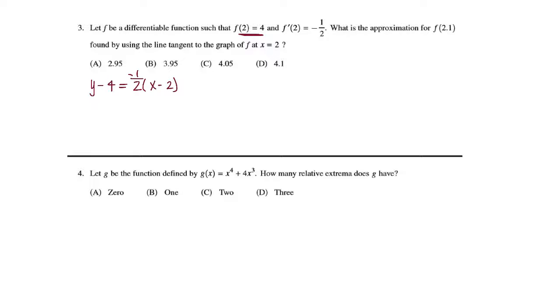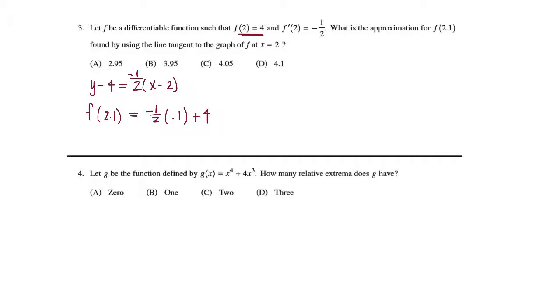And then we are going to try to find that approximation for 2.1, so we need to plug in 2.1. So we have y equals, or really let's make that f at 2.1 equals -1/2 times, well, if I plug in 2.1 minus 2, I have 0.1 left, and then plus 4.